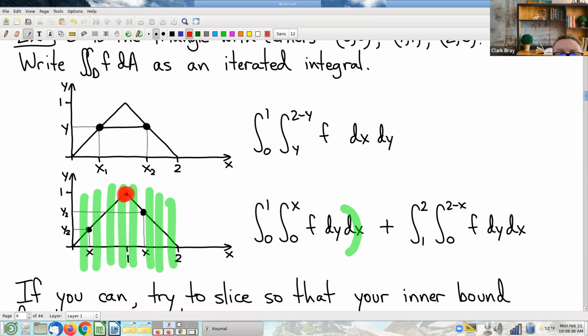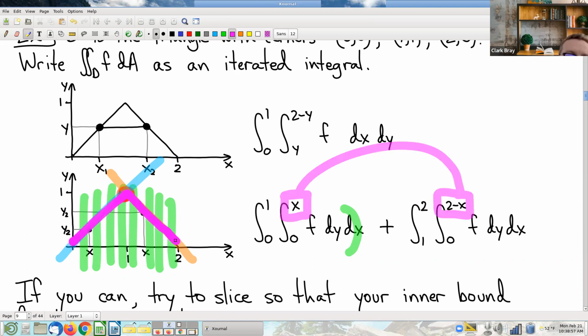The reason that the corner matters is because the corner is where these two curves intersect. The reason it matters that those two curves intersect is because that means that's where my upper Y bound sort of jumped from the one curve to the other curve.